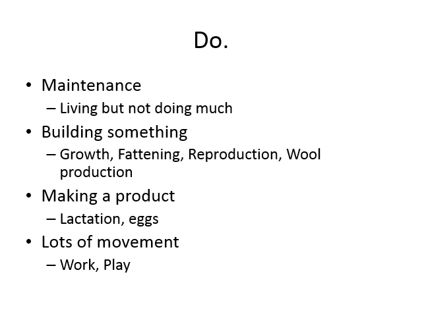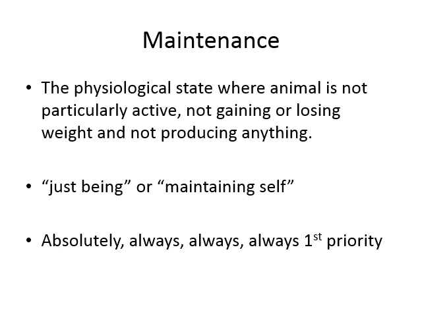We'll talk about making a product, specifically looking at lactation and making eggs. And we're going to talk about movement, whether that be for work with draft horses or play, say, with goats. They're very active, and accounting for that is semi-necessary.